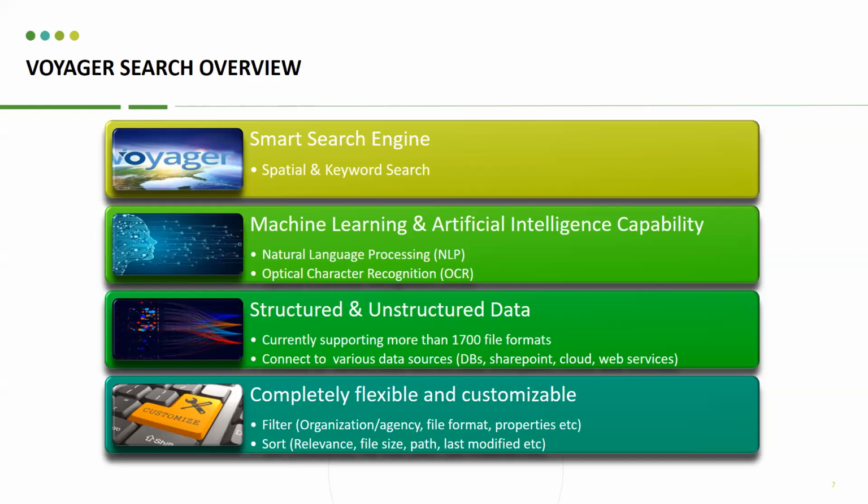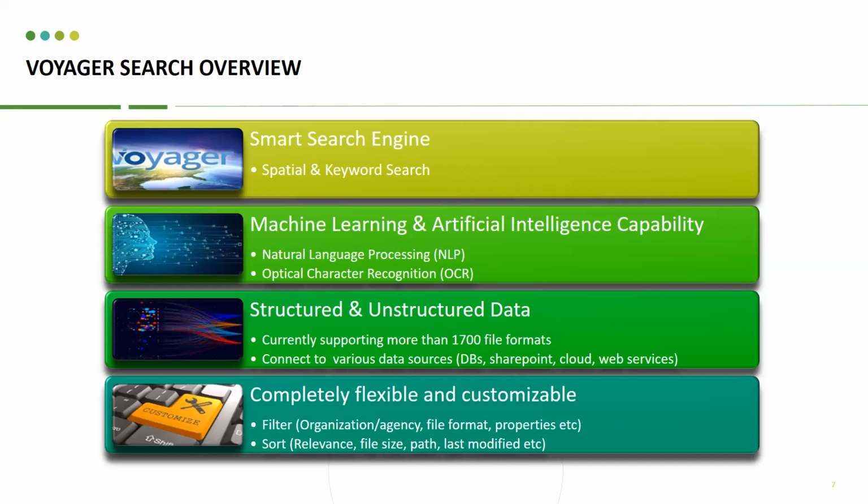Next, Voyager Search is also capable of searching structured and also unstructured data. Currently, it supports more than 1,700 file formats, from GIS files, Microsoft Office files, CAD files, and much more.